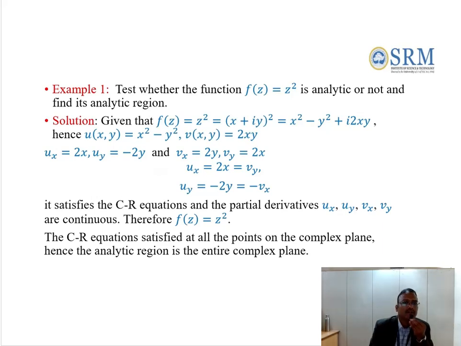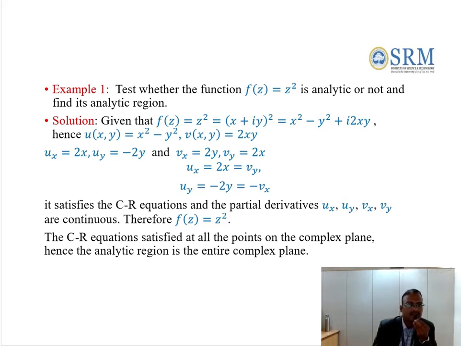Next, we'll see some problems on how to check the analyticity of a given function. The first example: test whether the function f of z equal to z square is analytic or not, and find its analytic region.